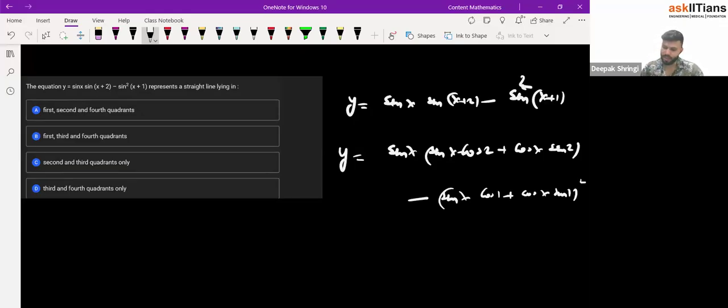I'll have cos square x, but with that I have sin 1 sin 2. Nothing common will come.